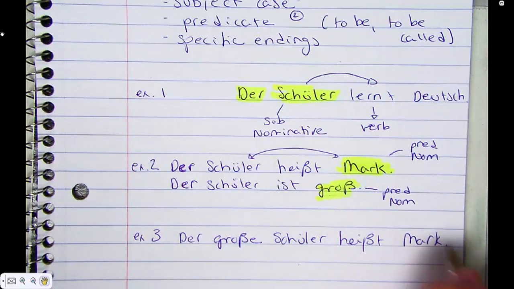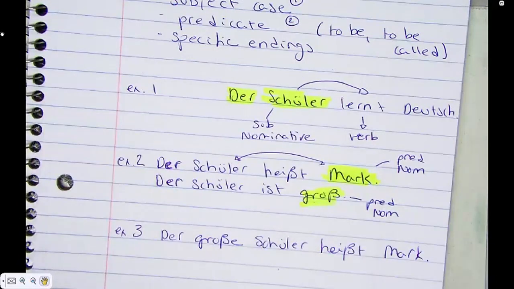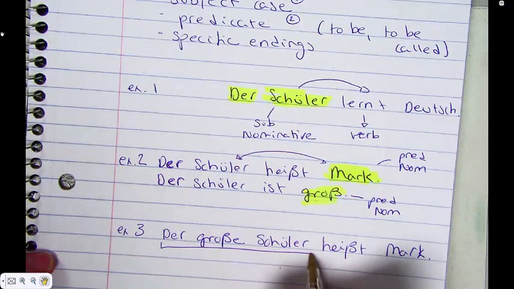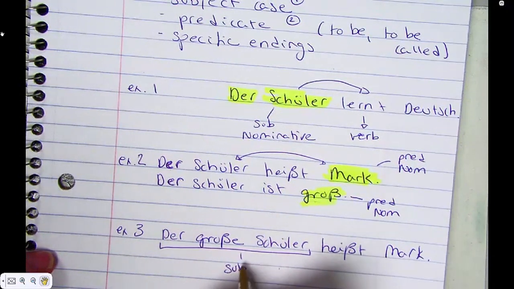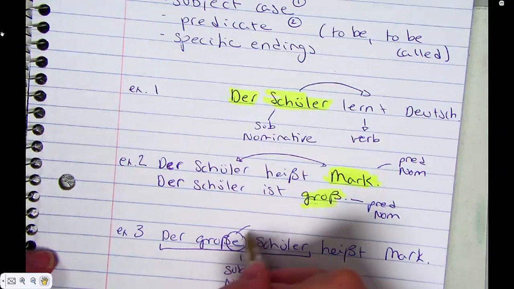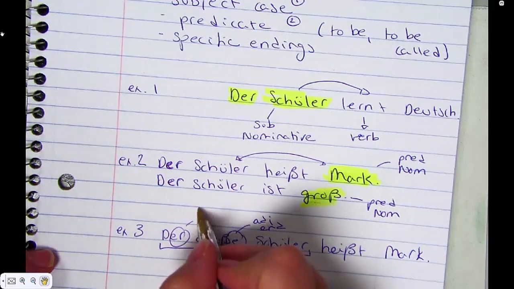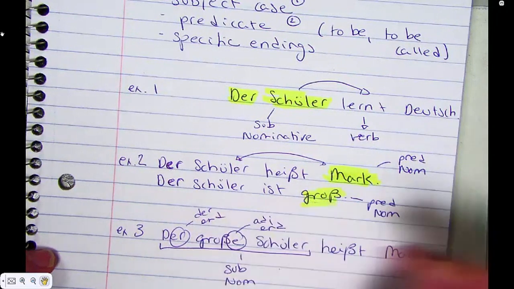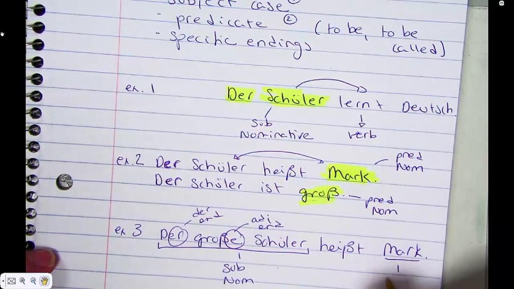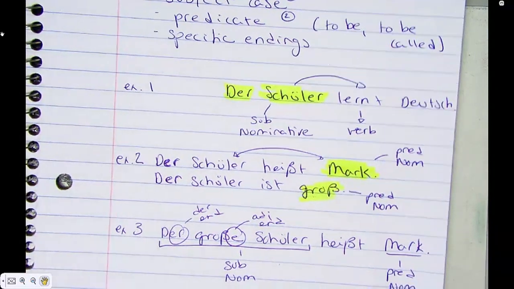Oops, missing my K. So we have the subject, which of course is nominative. There's one of the adjective endings. Here's a der word ending. And we have Marc, which is predicate, so thus it's also nominative. Predicate noun.